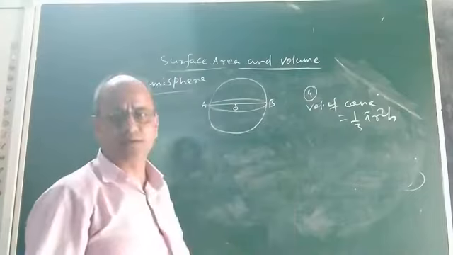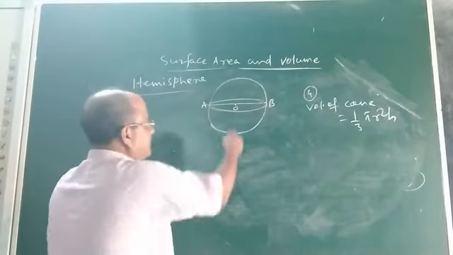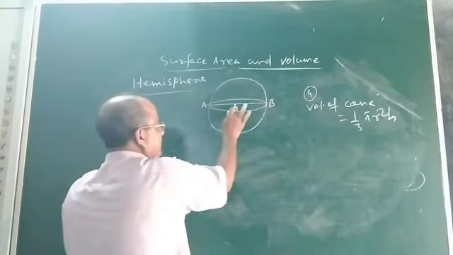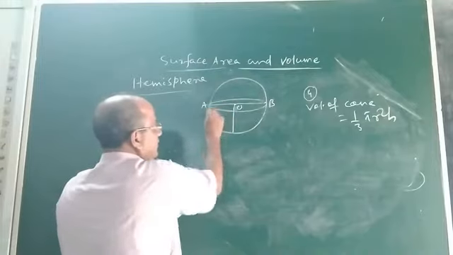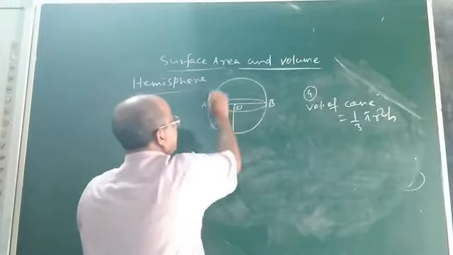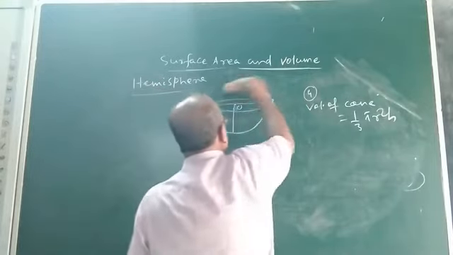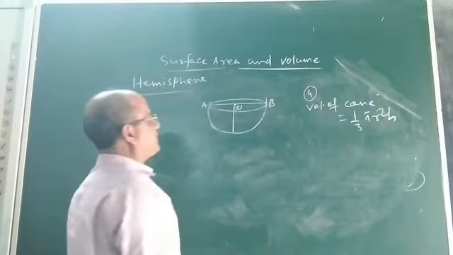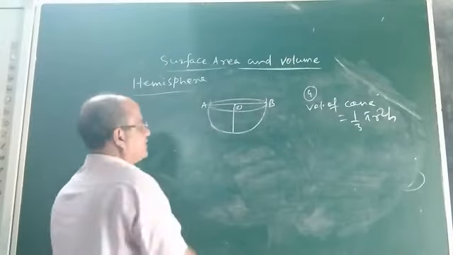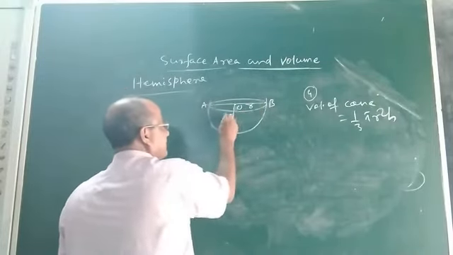Each half is known as a hemisphere. This is one hemisphere, and this is another hemisphere. This is the figure of a hemisphere. This is the radius of the base, and this is also R.